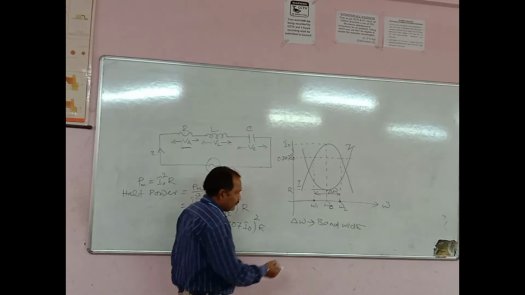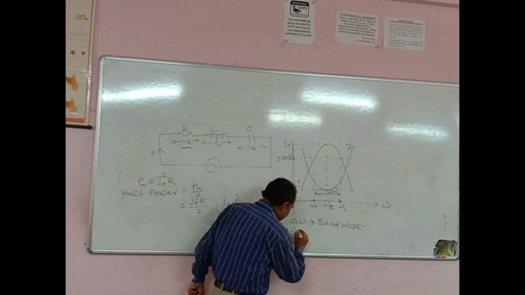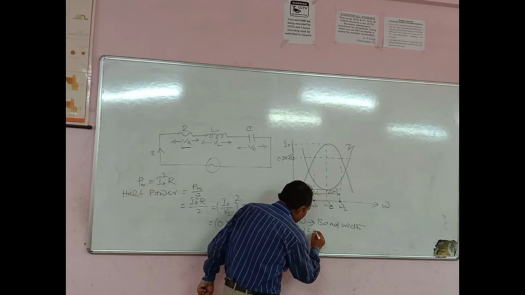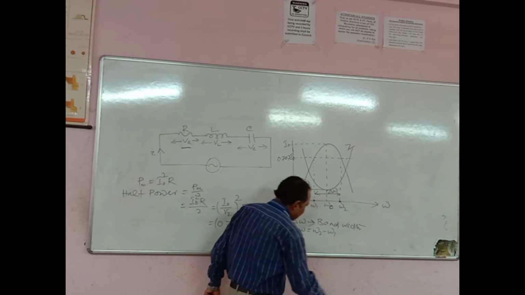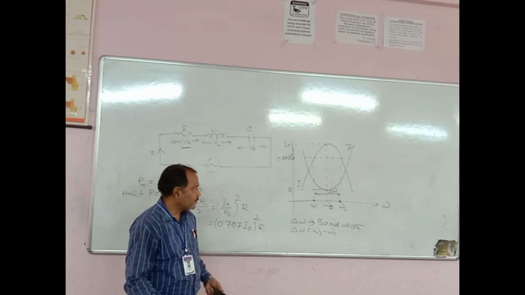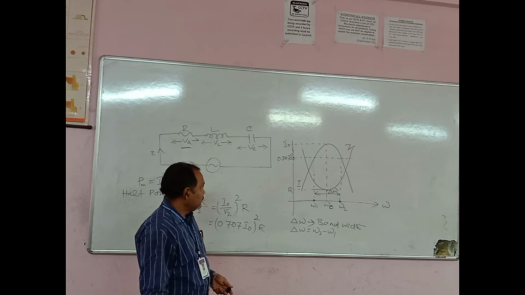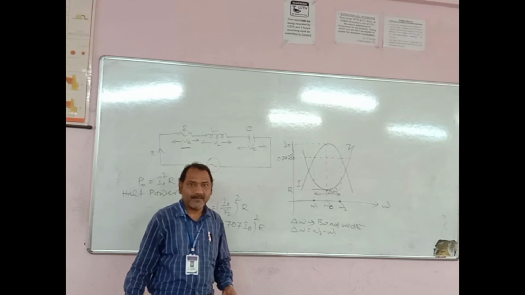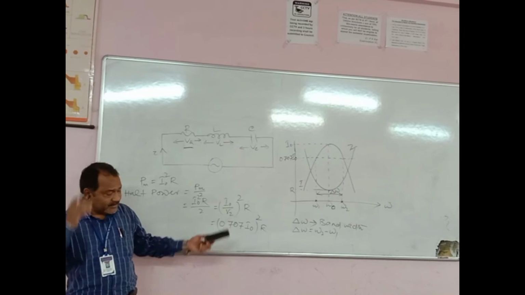So delta omega is equal to omega 2 minus omega 1, that is the difference between the two half power frequencies. So this is the bandwidth.